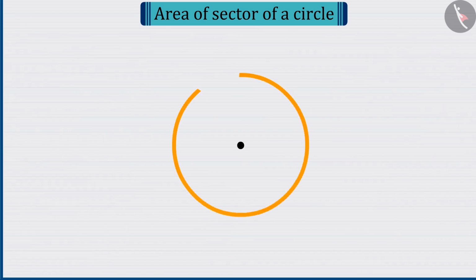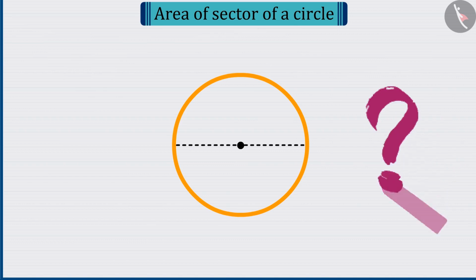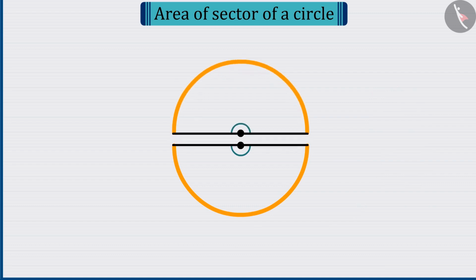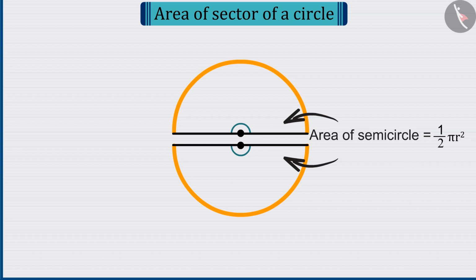Let us consider one more circle. If we divide the circle into two parts, what will be its area? Correct. If the circle is divided into two, then it becomes what is called a semicircle, each of whose area can be found with the help of 1 by 2 pi r square.